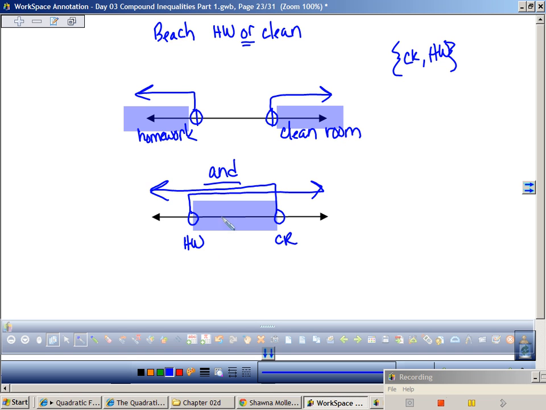This solution space is only the people that did both. They had to clean their room and do their homework in order to go. The people that only cleaned their room don't get to go, and the people that only did their homework don't get to go. It's the people that did both. That's the difference between and or.